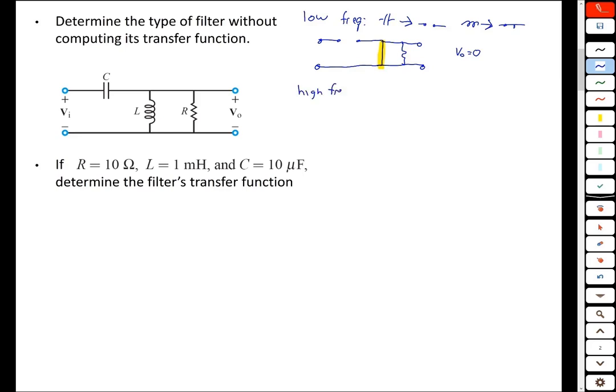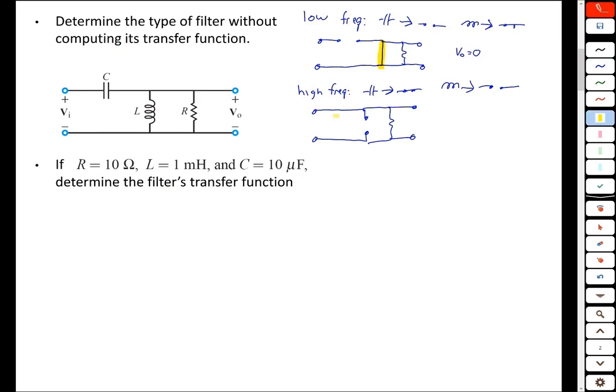At high frequencies, capacitors now become short circuits. Inductors now become open circuits. So revisiting this, the capacitor becomes a short circuit. The inductor becomes an open circuit. Resistor is unaffected.